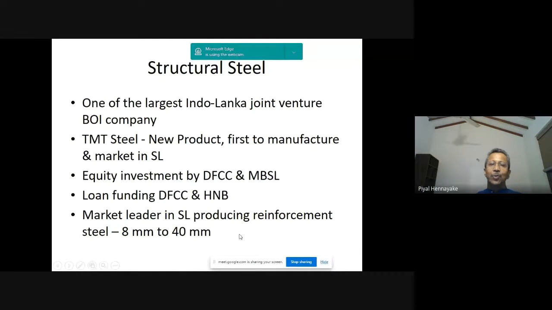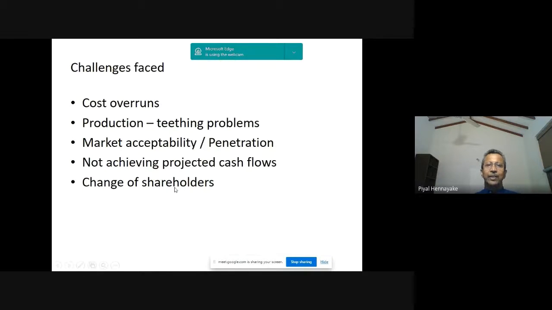And now this company, we had a lot of teething problems initially because of the new product established in the market. But now they are market leader in Sri Lanka producing reinforcement steel, 8 millimeter to 40 millimeter. This is GTB Steel. It's an Indian company. And the shareholders also changed during the cost overruns, production. We had teething problems.